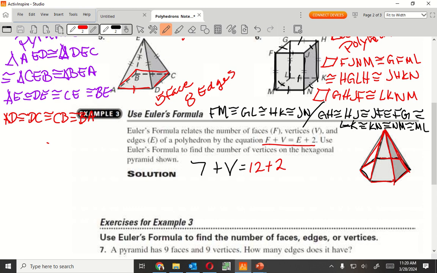So how do I find out all the pointy points? I could do a little bit of algebra, right? 7 plus V equals 14. Subtract 7. V equals 7. So what that is saying is I have 7 pointies. 1, 2, 3, 4, 5, 6, and 7. I have 7 pointy points.